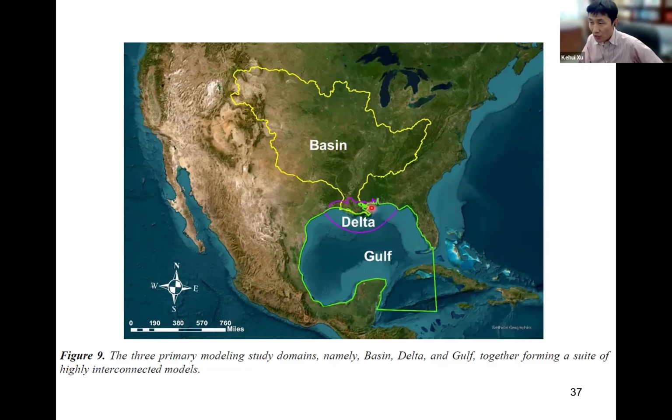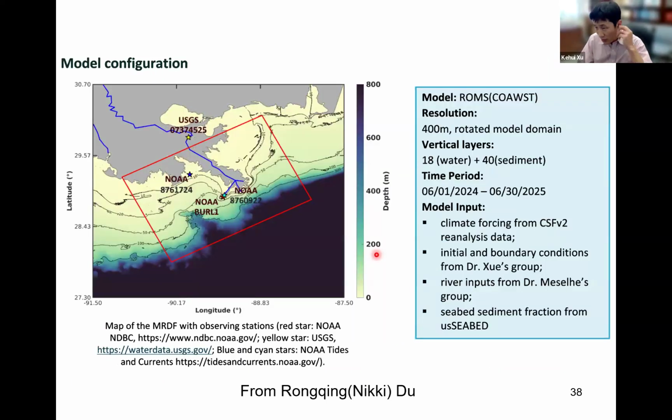Within this domain, my group focuses on the delta, which is very small in this domain right over here. My PhD student, Nikki Du, is developing a 3D model. Our model domain is the red polygon over here. Our focus is on the delta. Overall sediment transport is to the west, but we try to cover some good area on the east side. We also cover the deeper part of the Gulf.